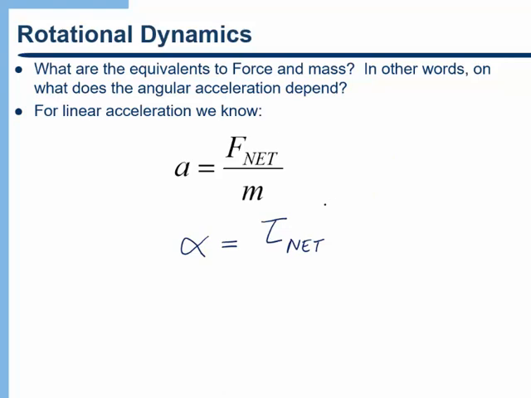And so a couple things, we use the Greek letter tau to represent torque. And so the quantity is called torque. And notice that it's the net torque on an object, just like the net force on an object for linear motion. The equivalent of mass for rotation is moment of inertia.